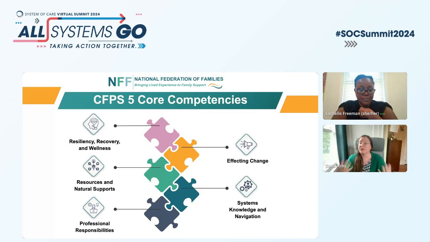And we do have a certification program, as I mentioned, where family peers have to show us that they have had training in all 5 of these competencies, and then they do complete an exam that tests their knowledge of all 5 of these competencies across the lifespan. Lachelle spoke about how family peer support looks different when it's an elementary school child or an adult, but these core competencies are in place no matter the age of the family member that a family peer is supporting.